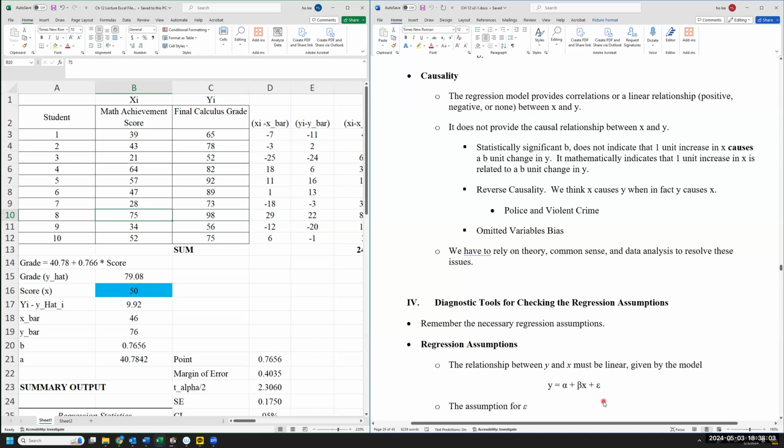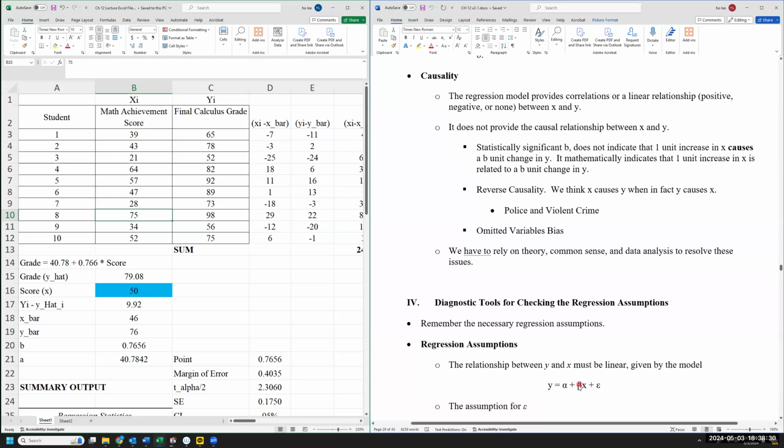in this equation. It just says y and x are related, and the relationship is shown by a plus b x. So as x goes up by 1 unit, if b is positive, we will also see y going up by b units.